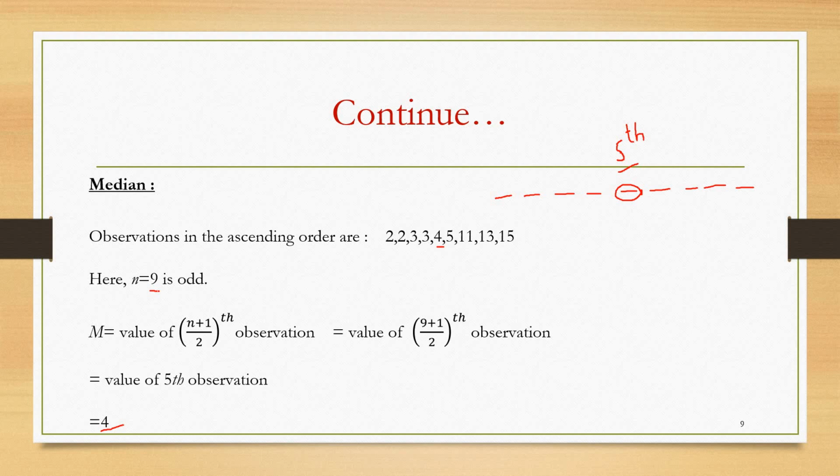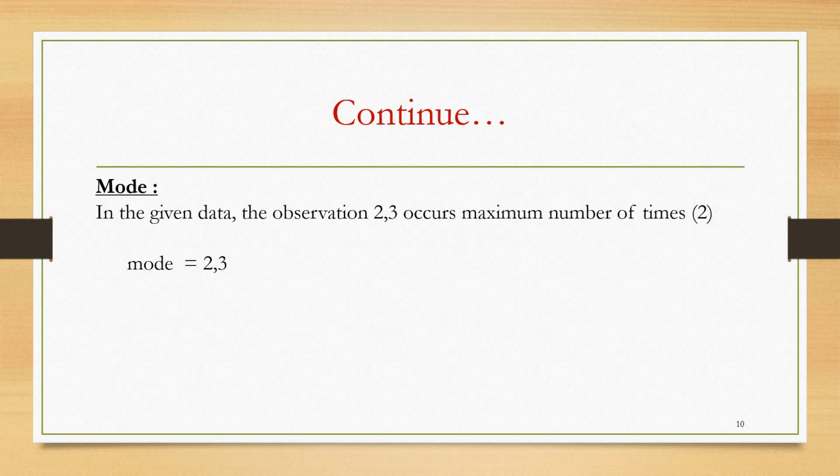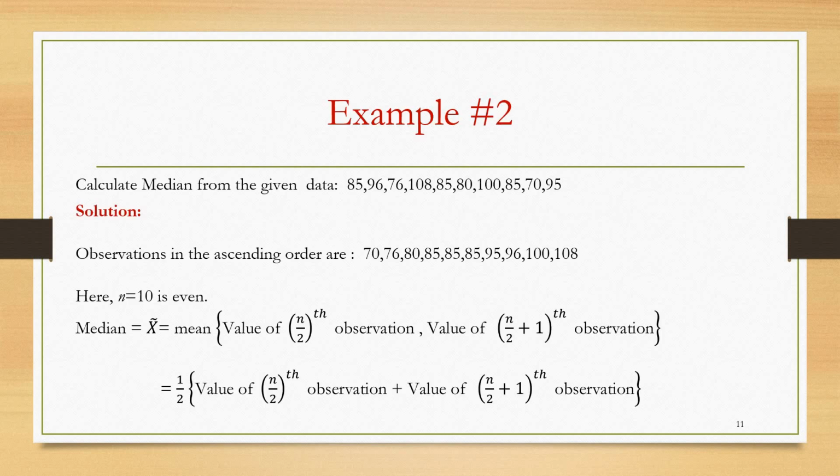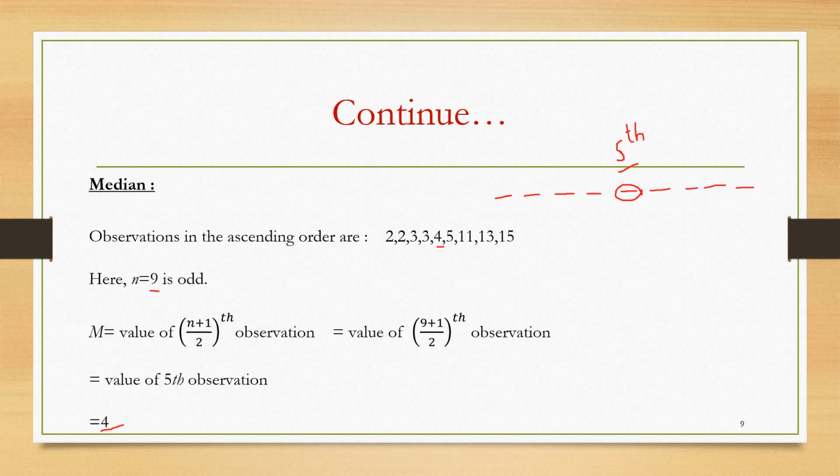While calculating mean and mode, it doesn't matter whether we have an even or odd number of observations. The formula is the same. But when we calculate the median, the number of observations matters. When the number of observations is odd, as we have studied, the formula is the value of the (n plus 1) by 2th observation.